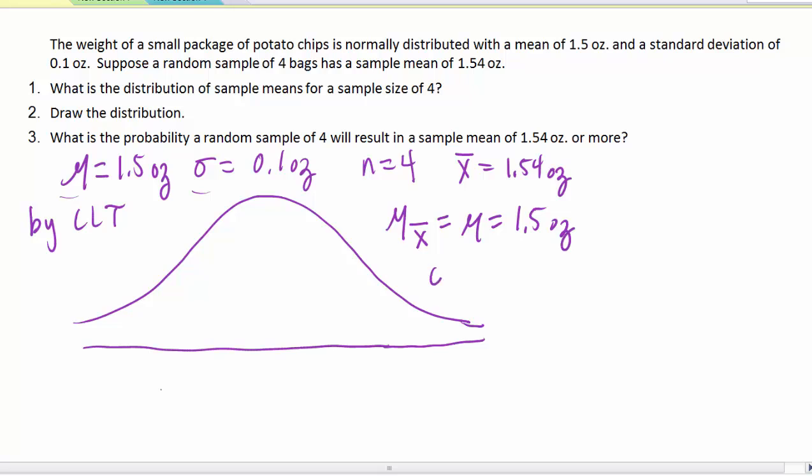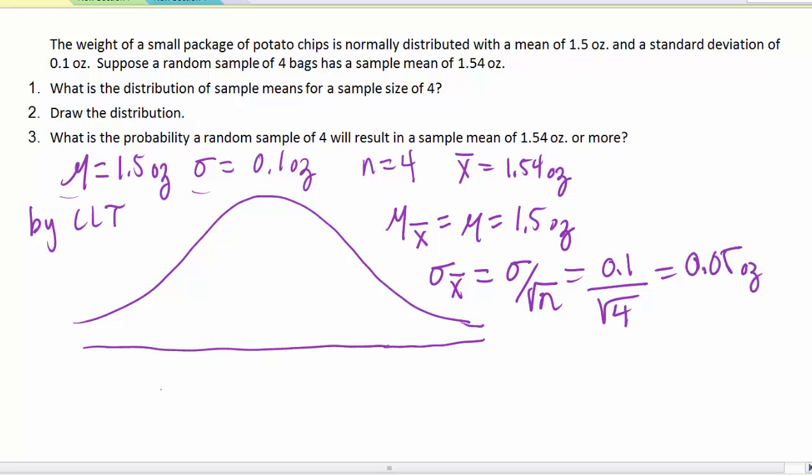And our standard deviation of our sample mean, so sigma x bar, is equal to sigma over the square root of our sample size. So this is not equal to 0.1 ounces. This is equal to 0.1 ounces divided by the square root of our sample size, which in this case is equal to 0.05 ounces.